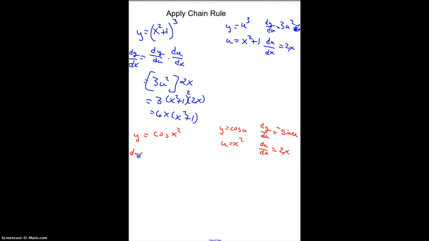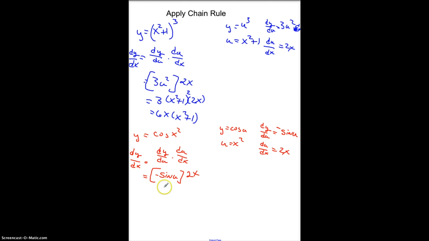So the derivative of y with respect to x is the derivative of y with respect to u times the derivative of u with respect to x. So dy/du is minus sine of u, times du/dx, which is 2x.